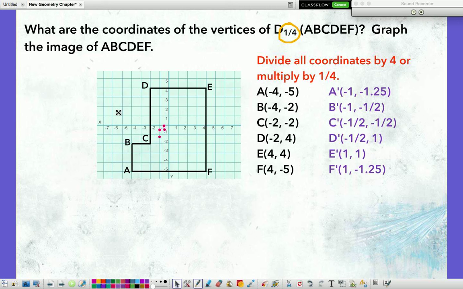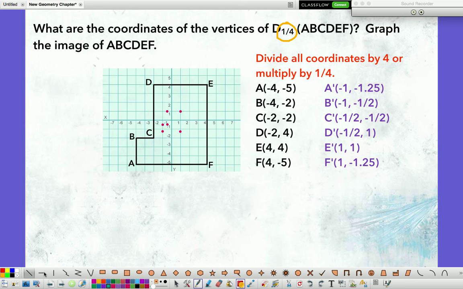We have -1/2 and 1. We have 1, 1. And we have 1, -1.25.